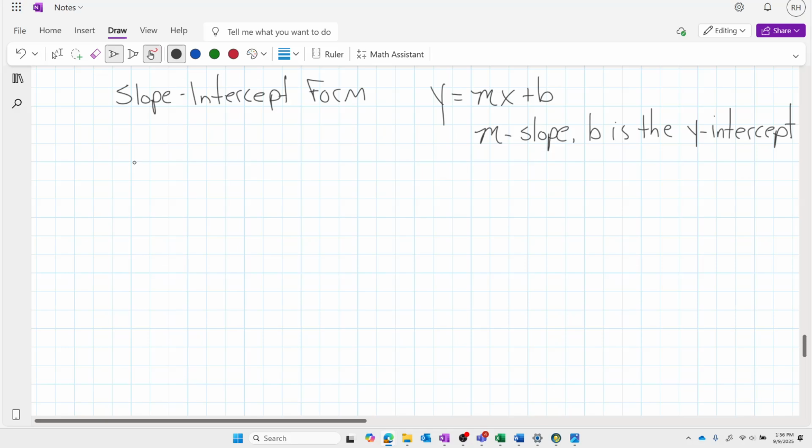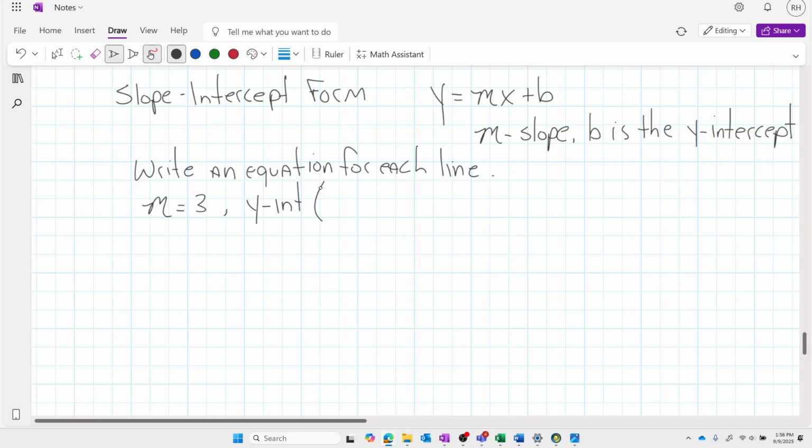So today, you're going to be asked to write an equation for each line. And if you're told that the m is equal to 3, and the y-intercept is at 0, 2.